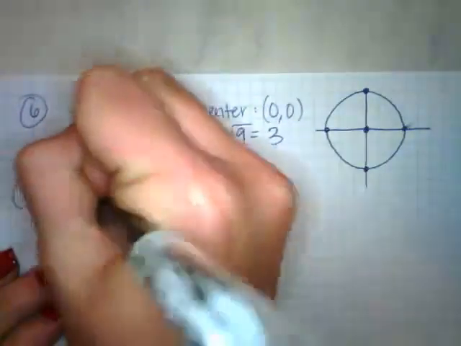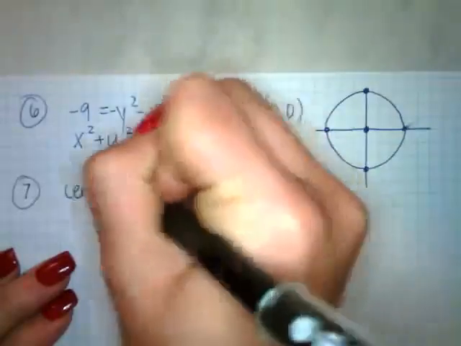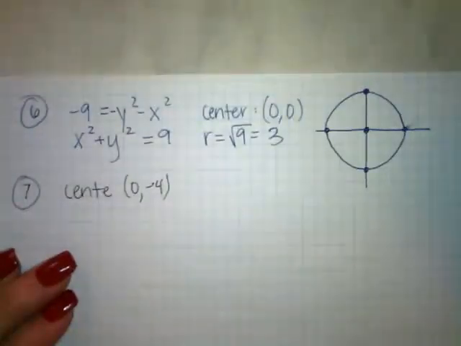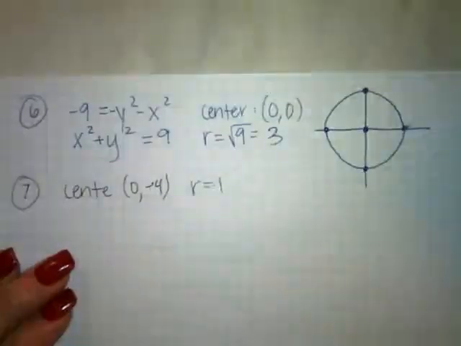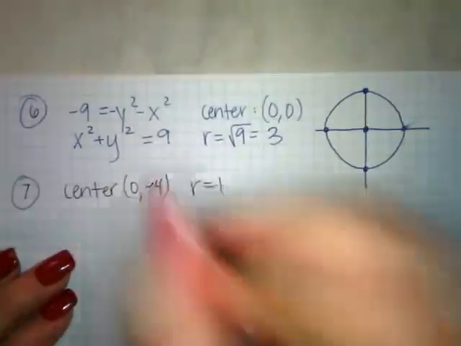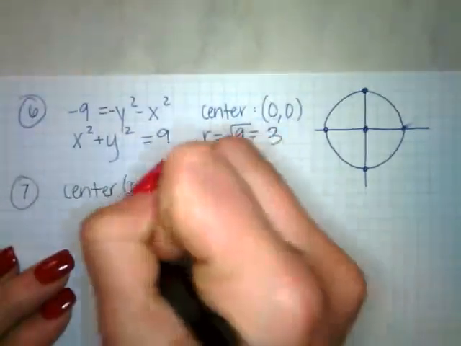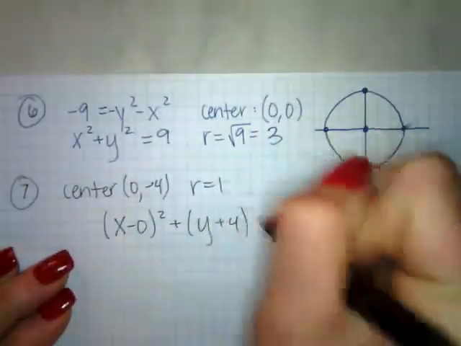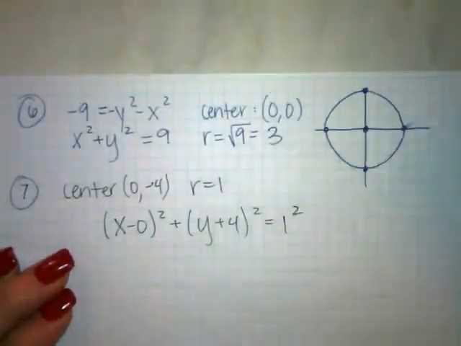They're giving us that the center is 0, -4, and the diameter is 2. If the diameter is 2, then the radius is 1.